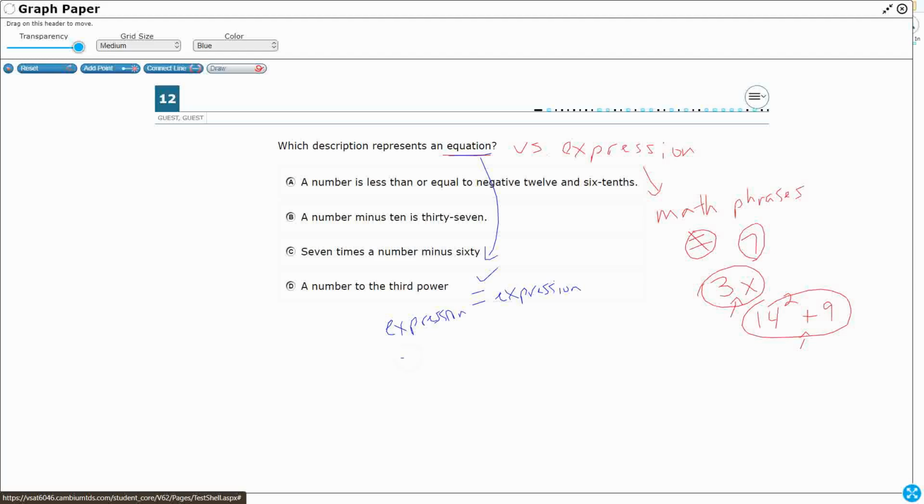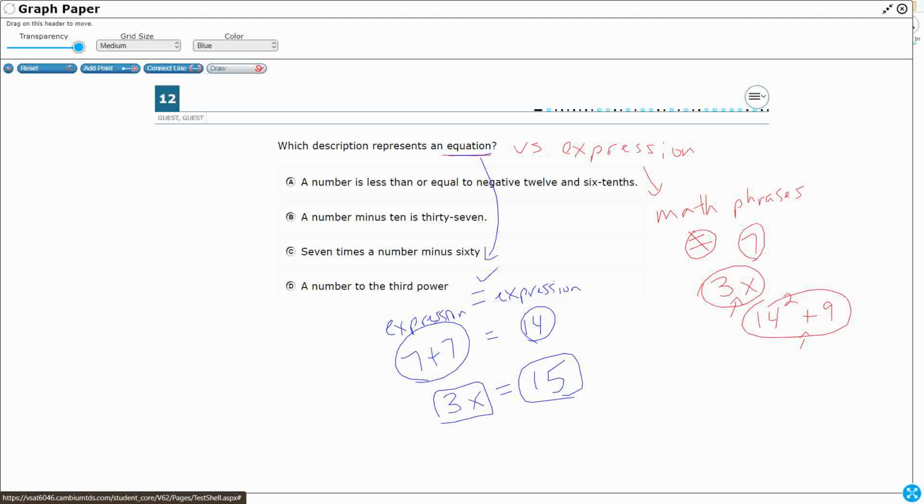So we can say 7 plus 7 equals 14. We've got 7 plus 7 as an expression, 14 as an expression. You put them equal to each other, now we have an equation. Or 3x equals 15. That's an equation because we've got two expressions with that equal sign there. So that's the difference between an equation and an expression.